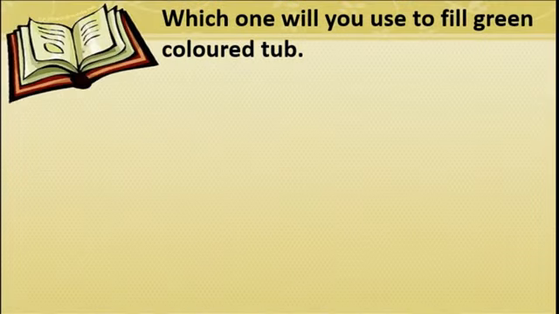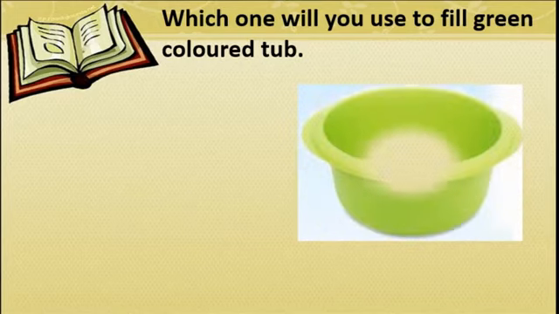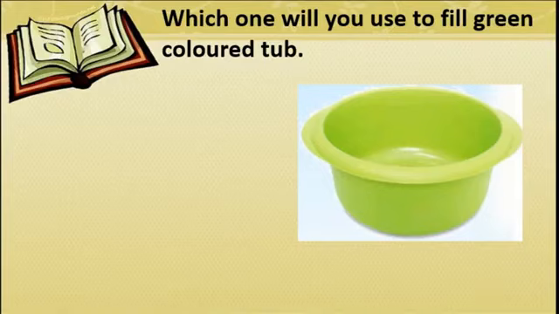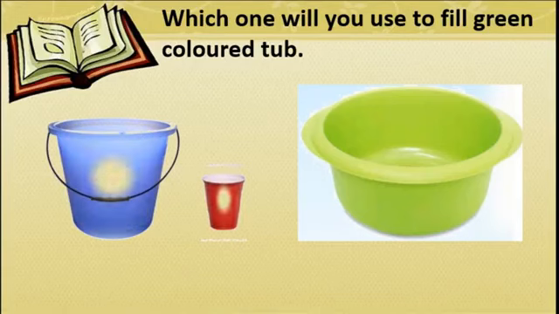Now see here, which one will you use to fill a green colored tub? I will show you a green colored tub. Okay, we want to fill this with the help of water. Now two objects are there, that is one bucket and a glass. Which one you will use to fill this green colored tub?